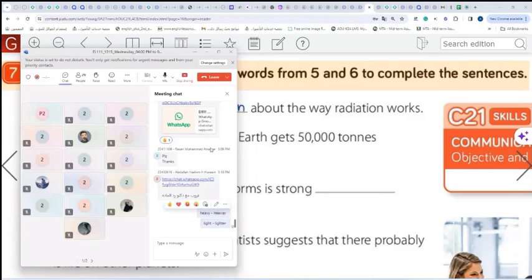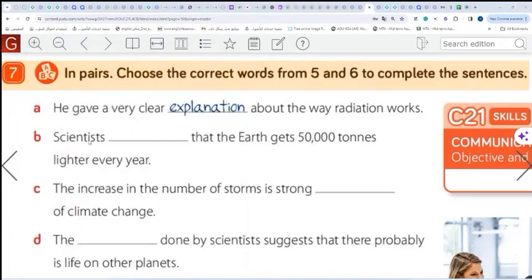So what do we mean by this sentence? When I say scientists estimate that the Earth gets 50,000 tons lighter every year. Lighter. Excellent. You know ton? Yes, tons.